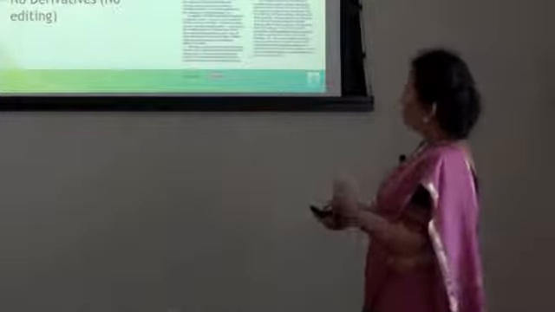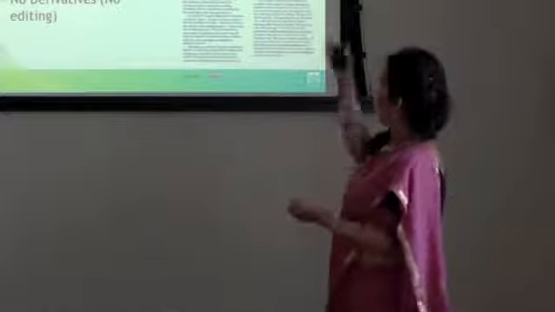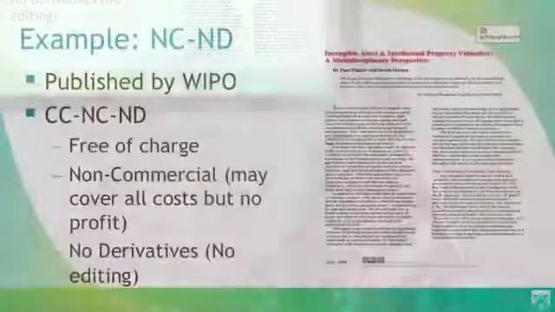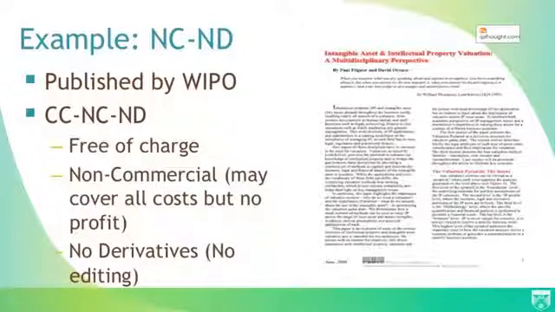Okay, I would now go to the next example, which is the license CC BY-NC-ND, which means a Creative Commons license; BY means attribution. It's a non-commercial license, and it is also a non-derivative license.